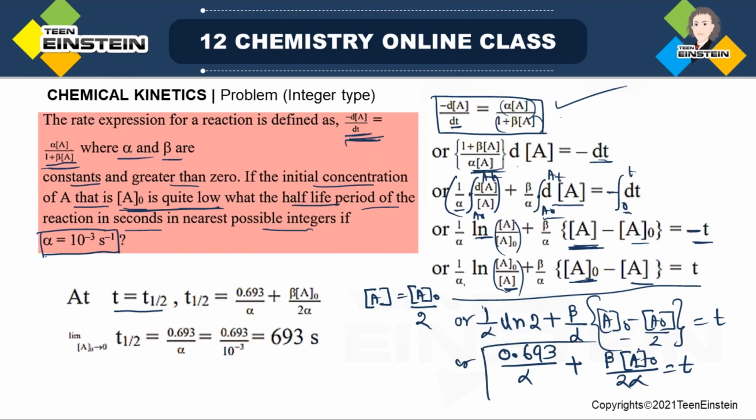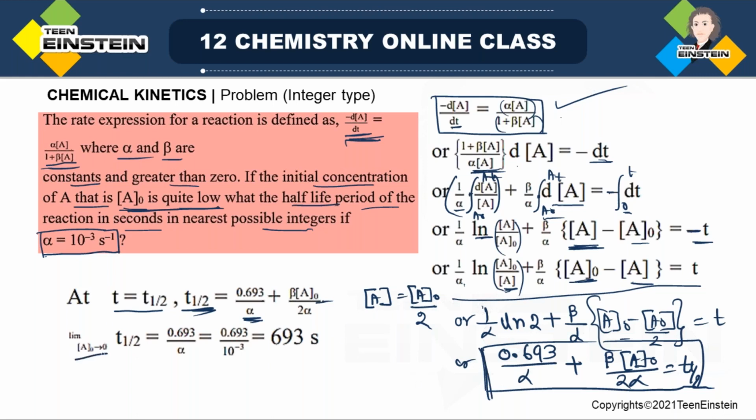Now we have to use this expression to ultimately write t half. So when it is t half, the equation will change to this form: 0.693 divided by alpha, plus beta A naught divided by 2 alpha, the same expression.